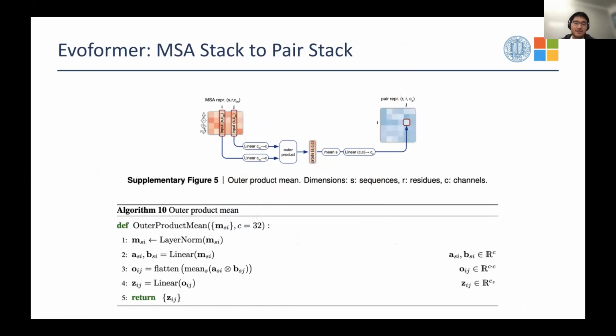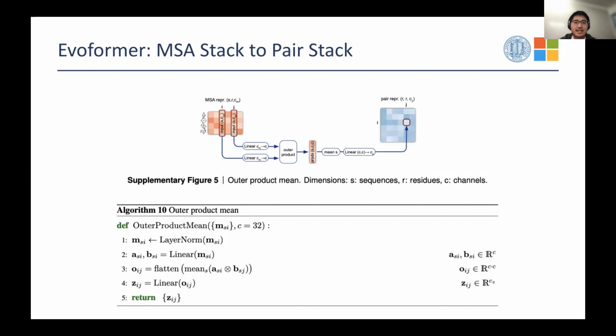In terms of the process, generally we have, let's say, two S by CM vectors going into the linear, outer product and mean layers, and then into the final linear layers from C by C to the final CZ, which is the number of channels in the pairwise representation.